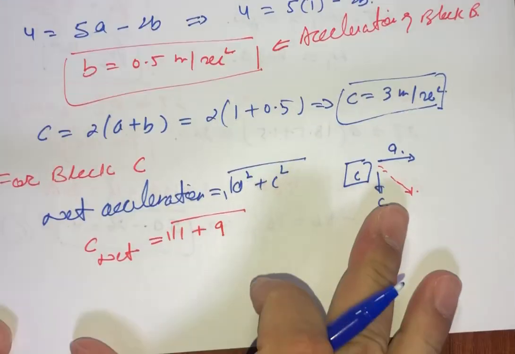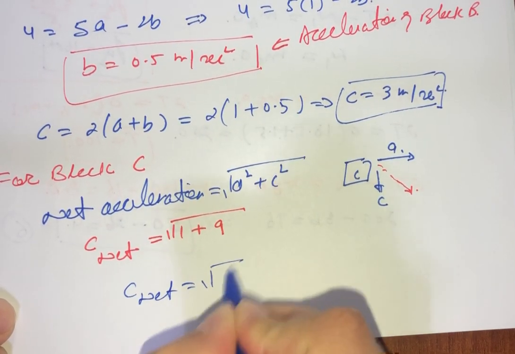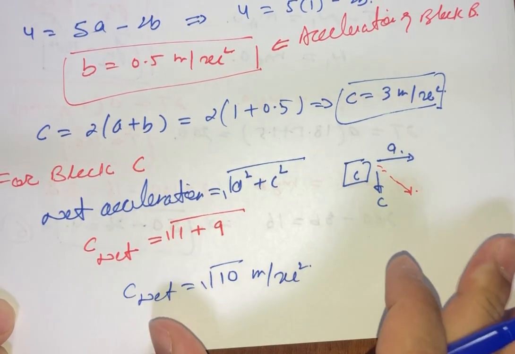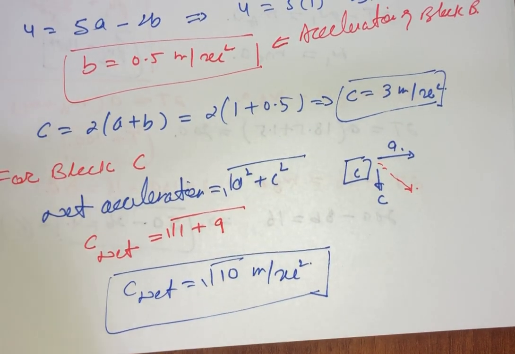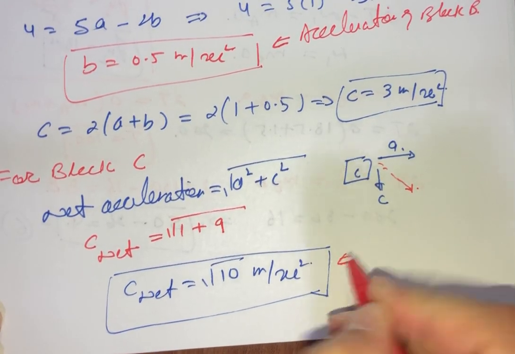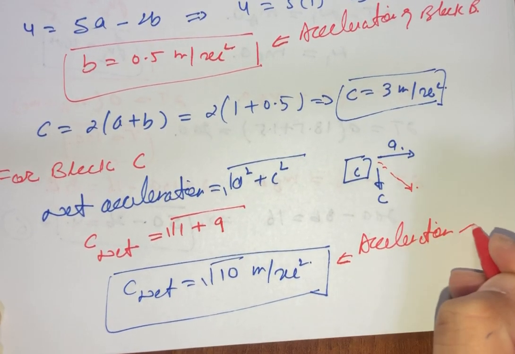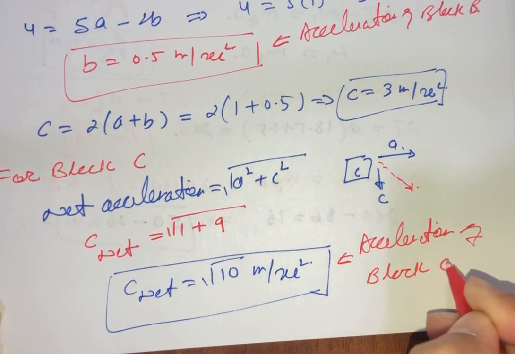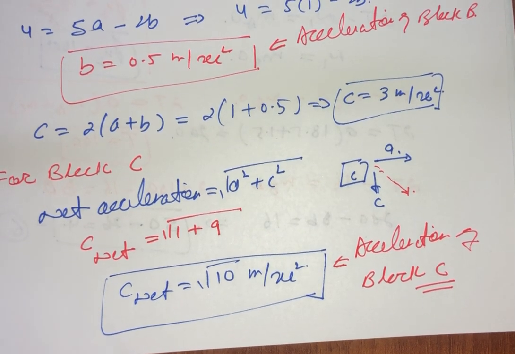So we get net acceleration of C, that is c net, is equal to square root of 10 meter per second square. So this is the acceleration of block C. This completes the question. Thank you.